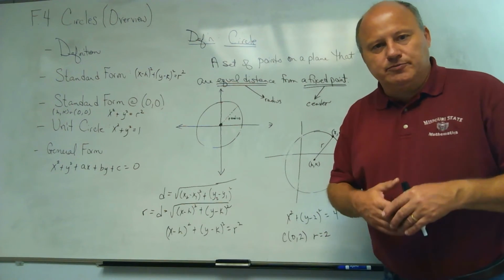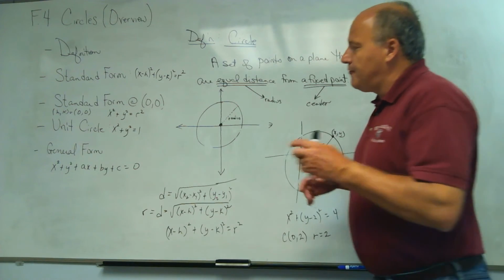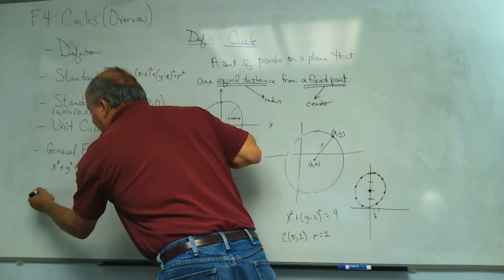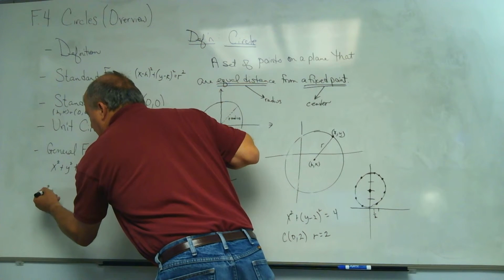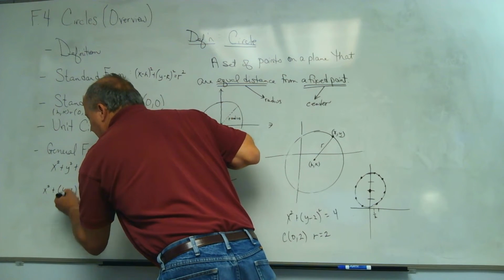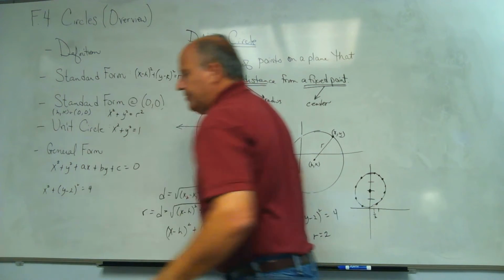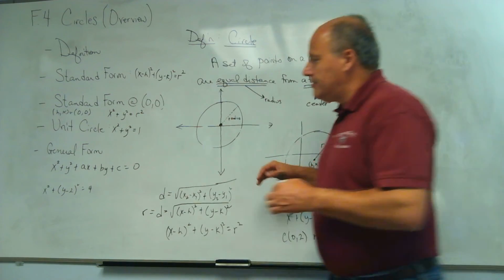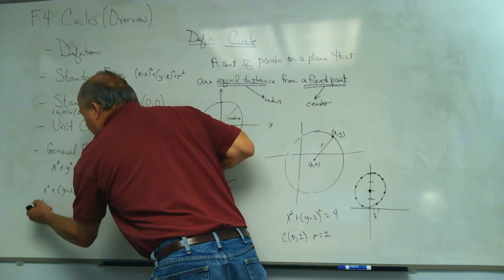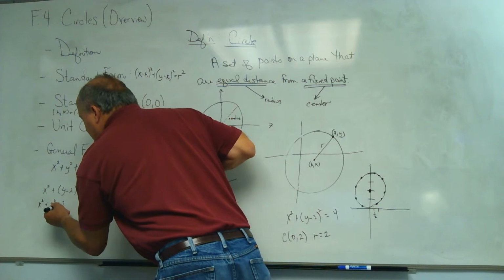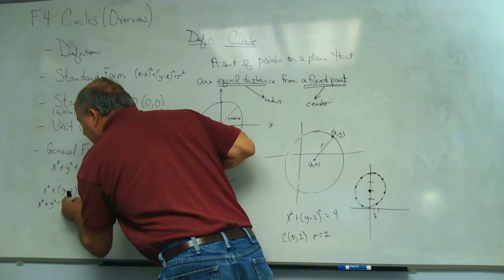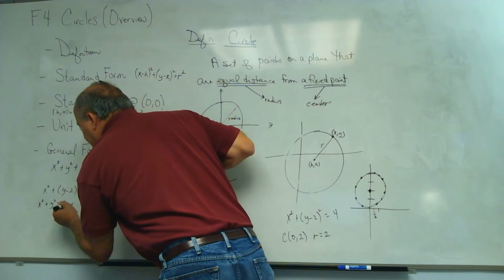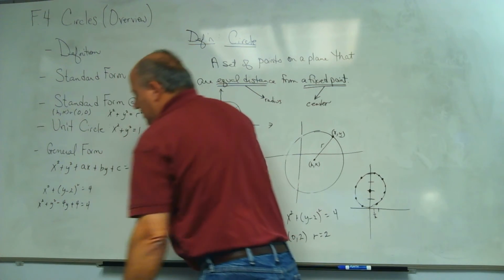That's just general terms. So if you had, for example, x squared plus (y minus 2) squared equals 4, that example I just gave you, if I multiply all that out, we have x squared plus y squared minus 4y plus 4 equals 4.